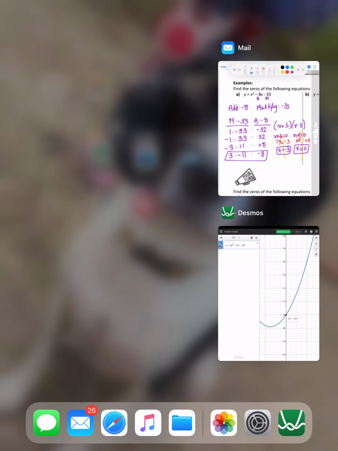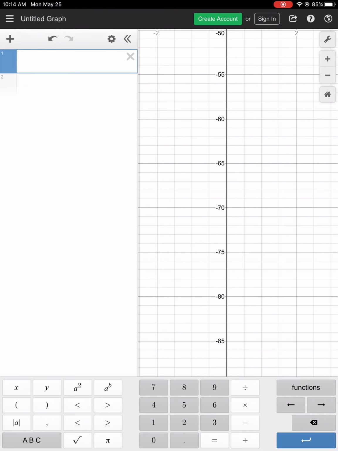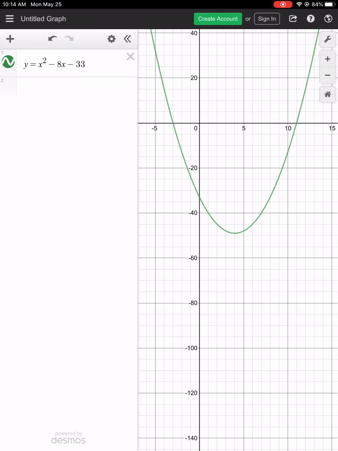So if I go back to this equation, we do y is equal to x squared minus 8x minus 33. Okay, so we already know our y-intercept is -33. Let's check out our intercepts.